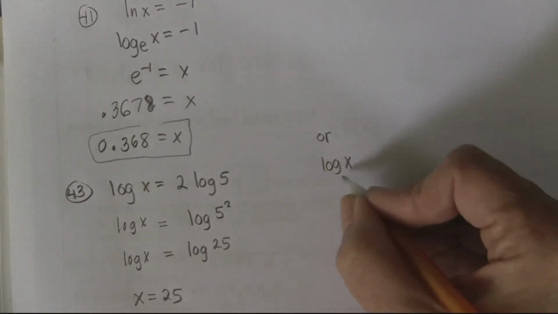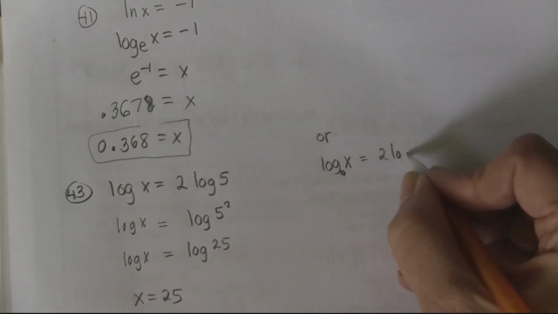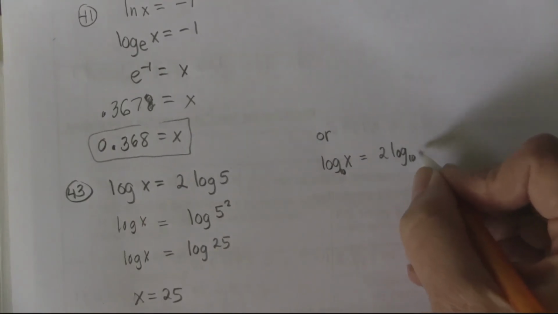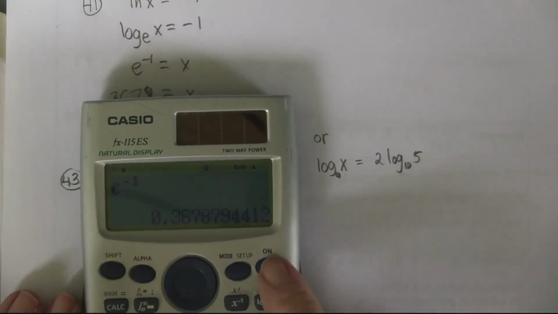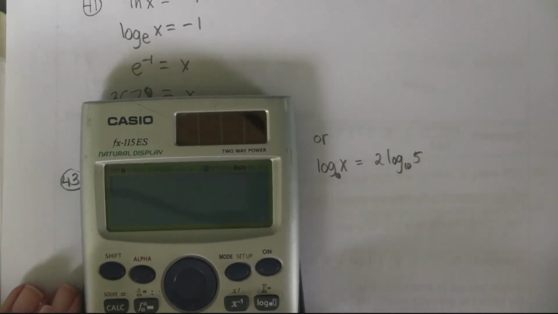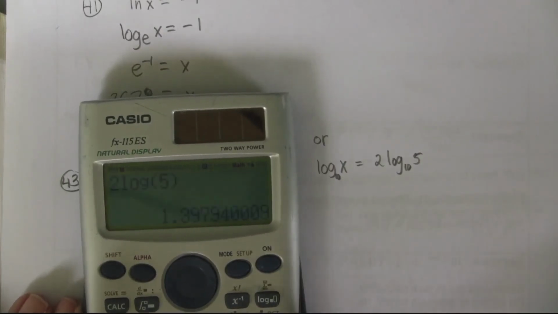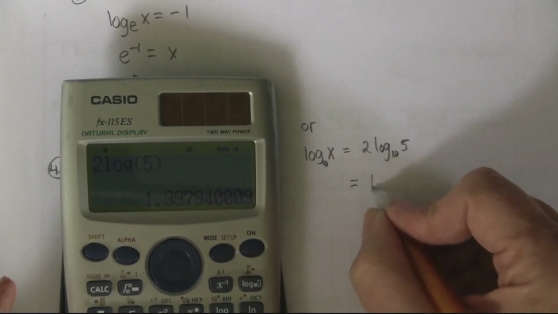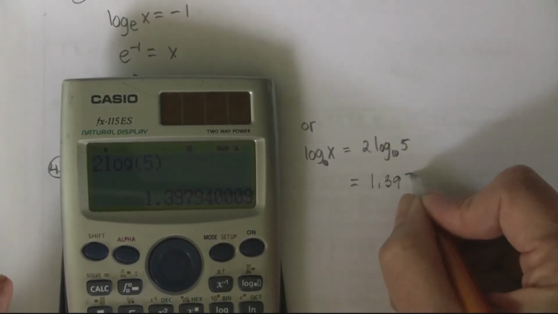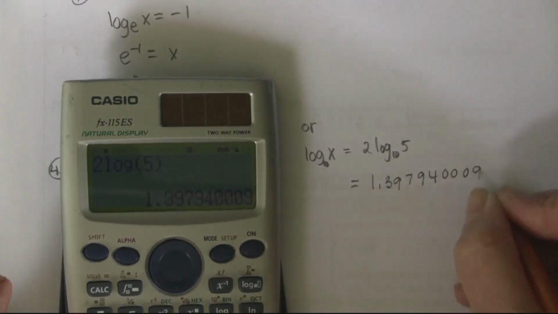Now, the other way of doing this problem would have been, so this is an or, log base 10 of x equals 2 log base 10 of 5. It would have been to use your calculator, 2 log of 5. Now, this is not going to be a nice value. So there it is, 1.39794, etc. I don't want to round.